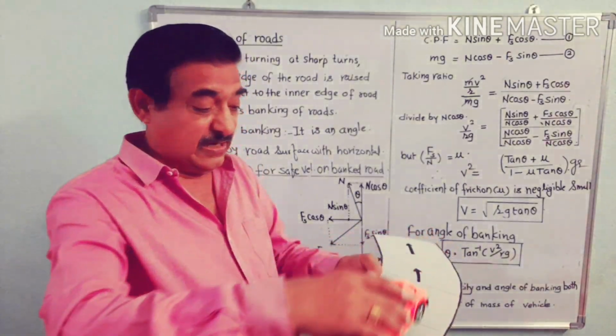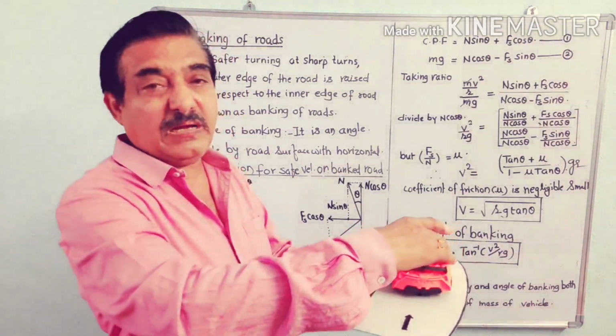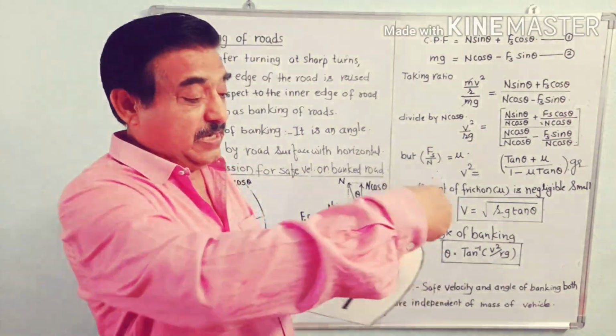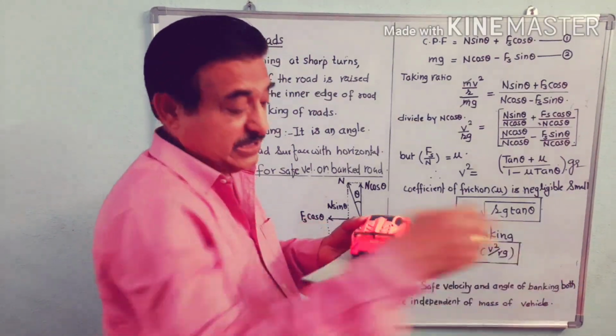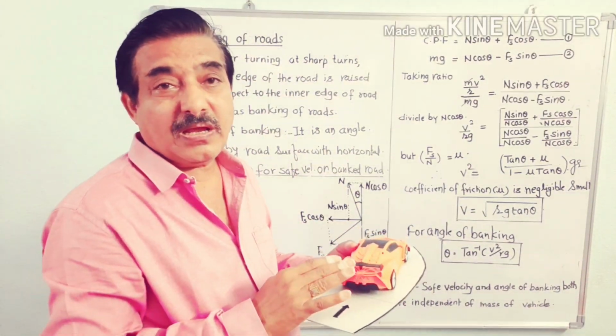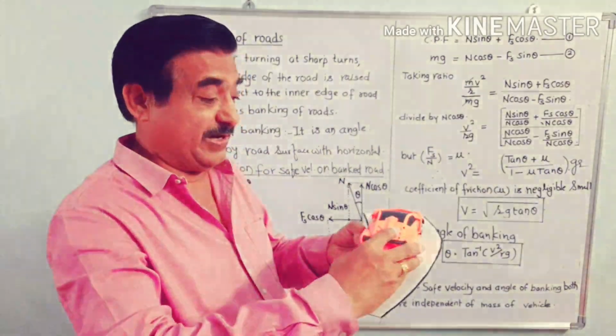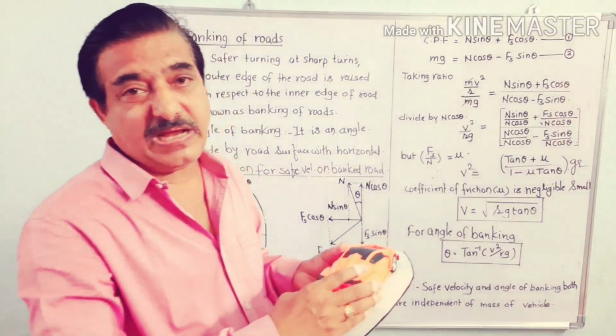When a vehicle goes along a sharp turn on an unbanked road, due to lateral thrust there is excessive pressure on the outer wheel, and by bursting of the outer wheel, the vehicle may topple down and an accident will happen.